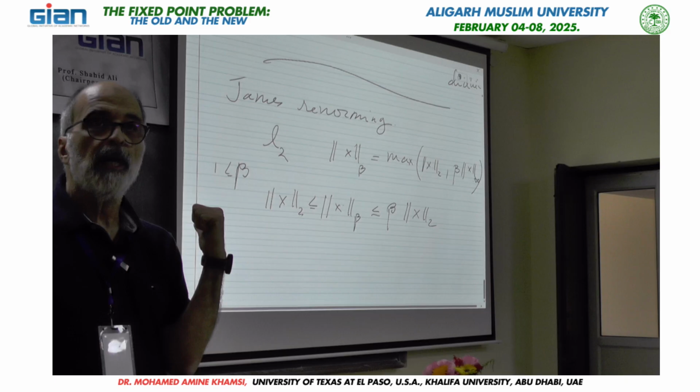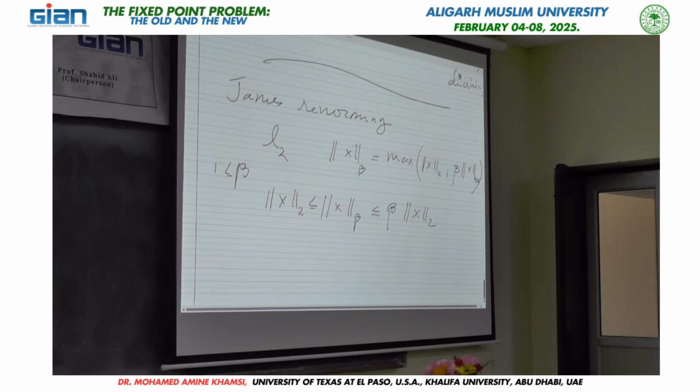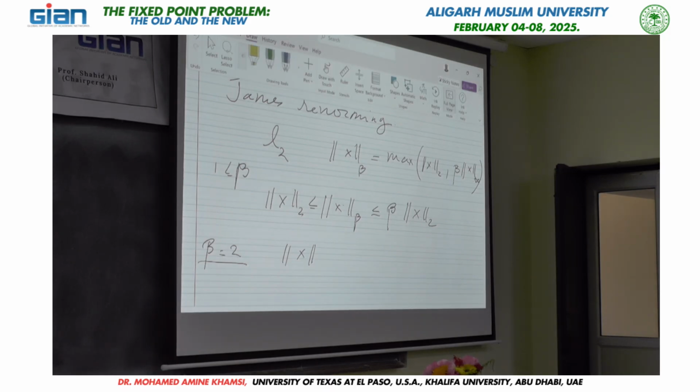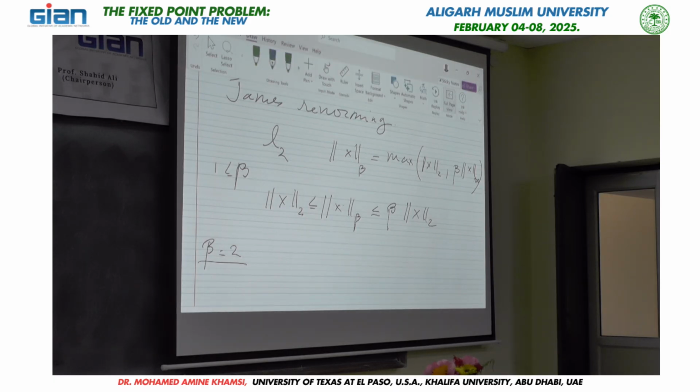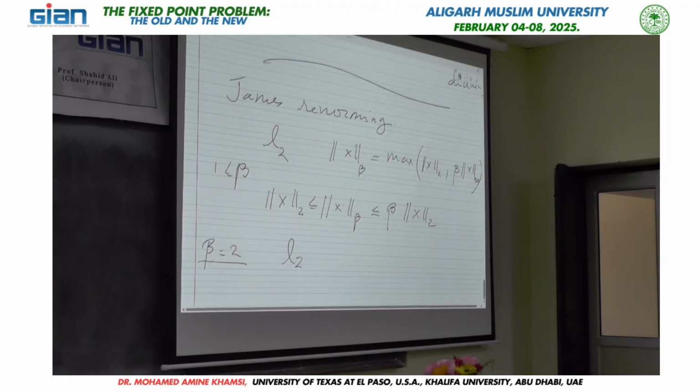Why did James come up with this renorming? For beta equals 2, L2 with this new norm fails the normal structure property.